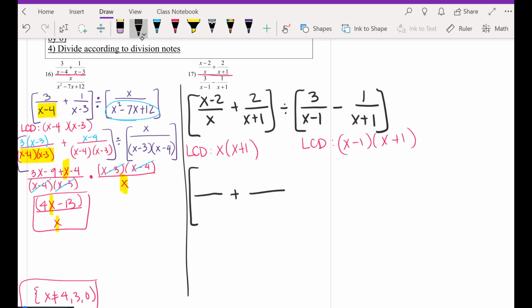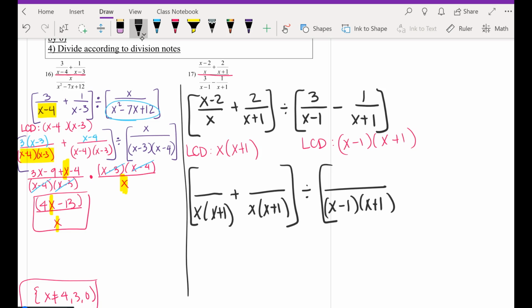This plus of that. So this is x times x plus 1, x times x plus 1. That's my first bracket. Over here, my second bracket, I have the LCD of x minus 1 times x plus 1. So 1 minus that. I will be very careful about the second bracket because why? It's a subtraction, okay?